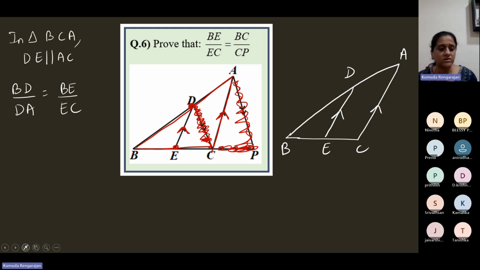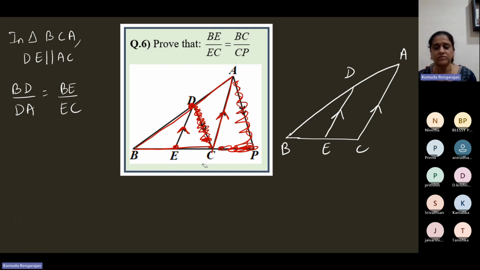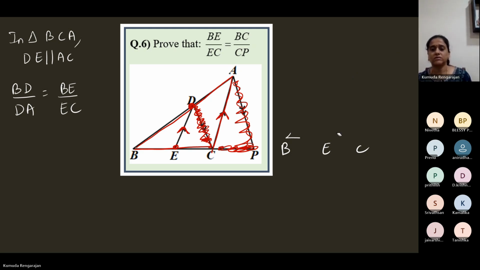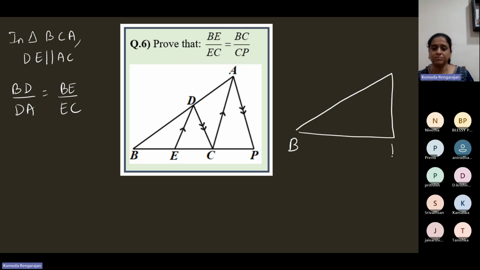Now, which is the other triangle where you have another set of parallel lines? Name the triangle. BPA, the whole triangle.